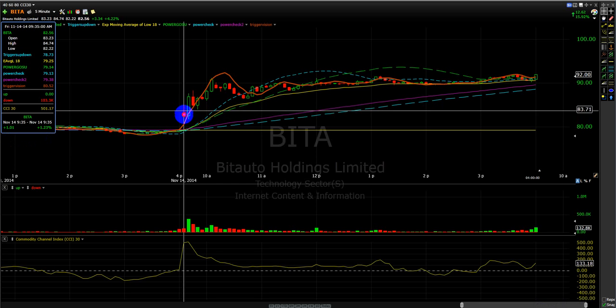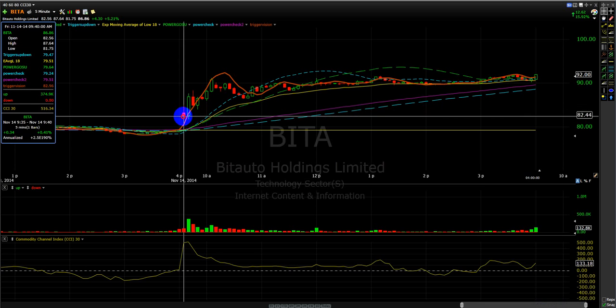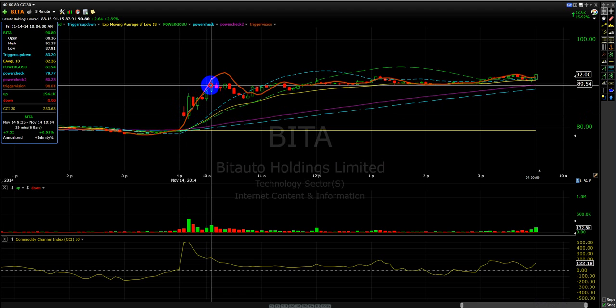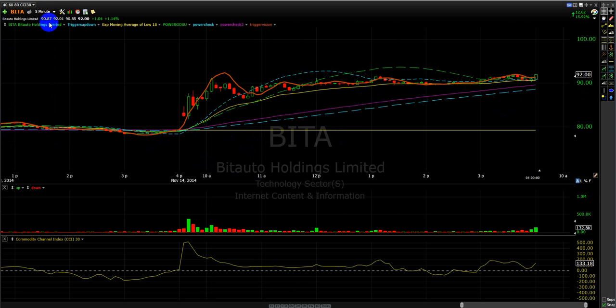As you can see, this went even lower, so there's plenty of time to get in at around the 83 area. And then boom, look at this. Depending on the options they bought, a person would have made at least 80%, maybe 100% gains. And it chopped around, and that's just one day holding it, right?